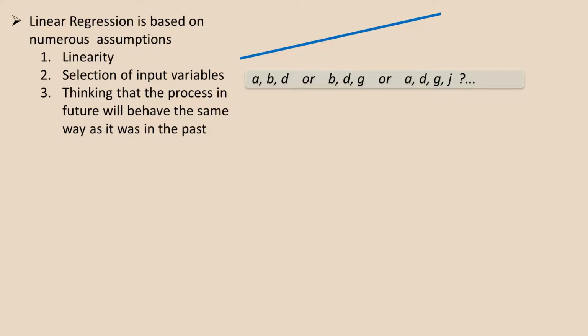Let's remember our previous example with the soft drinks shop, where we made the assumption that our amount of sales, our success of business, depends on 3 input variables, which were the weather, the population in the area, and the competition. It's quite possible that it depends much more on something else.